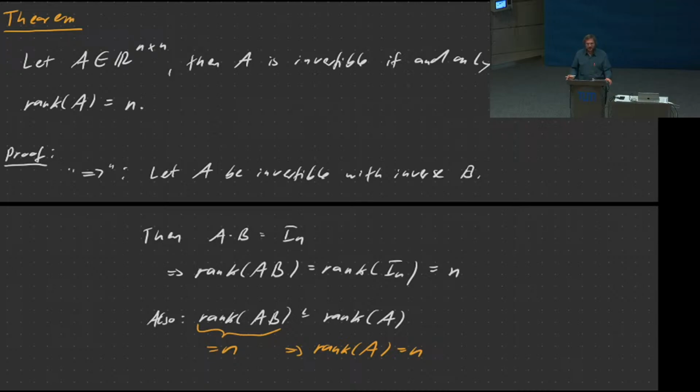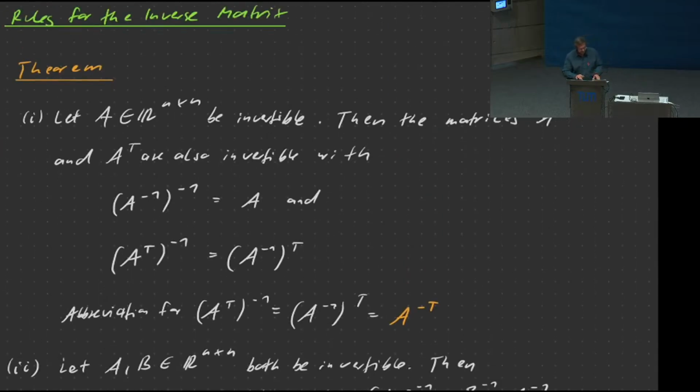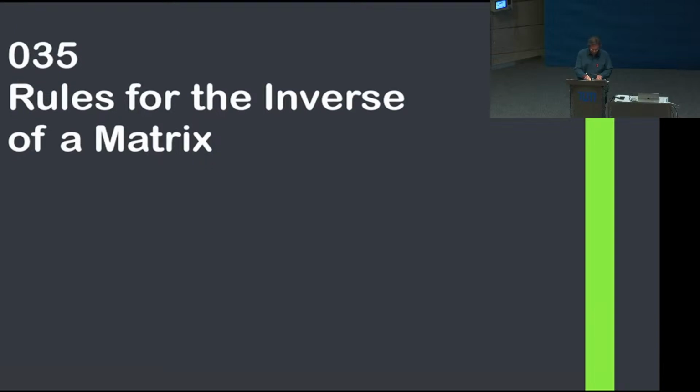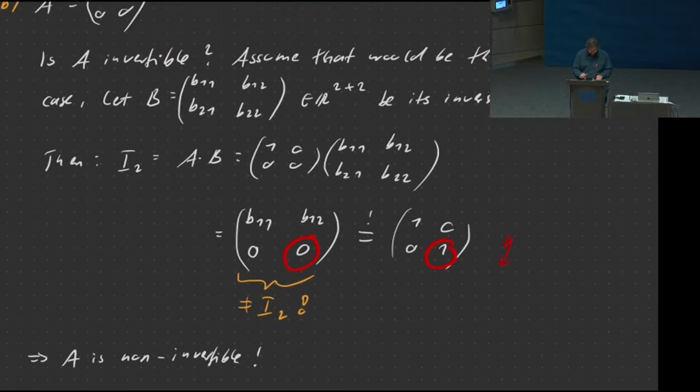And the next theorem, that is probably the most important fact about invertible matrices or non-invertible matrices. We can prove that a matrix is invertible if and only if its rank is n, so it has full rank. Right? And that is the difference between those two matrices that we've seen before. Somewhere here. Where was that? Here, right.